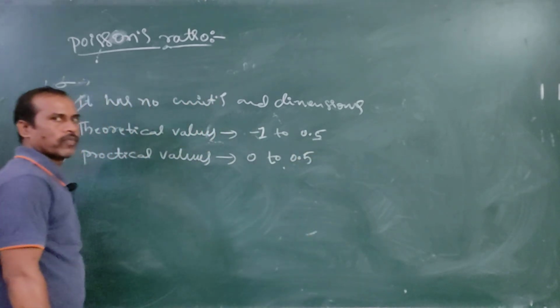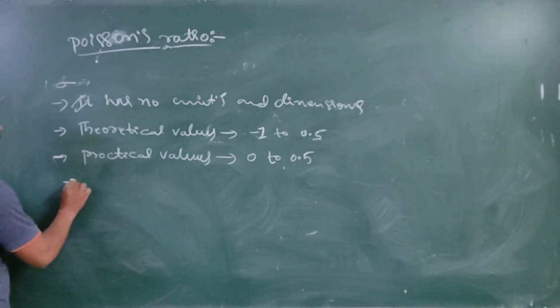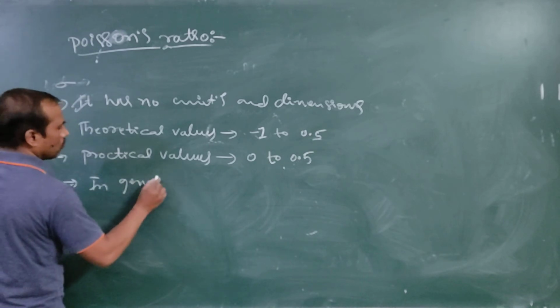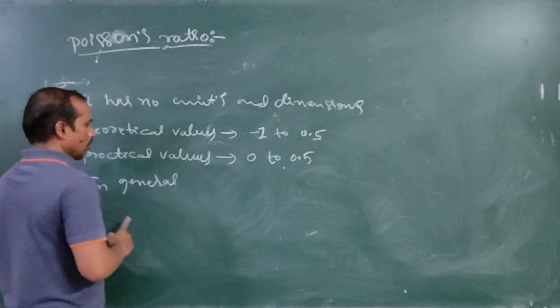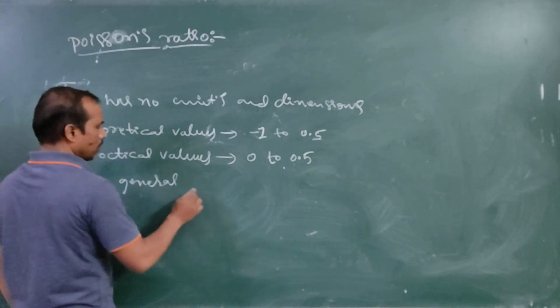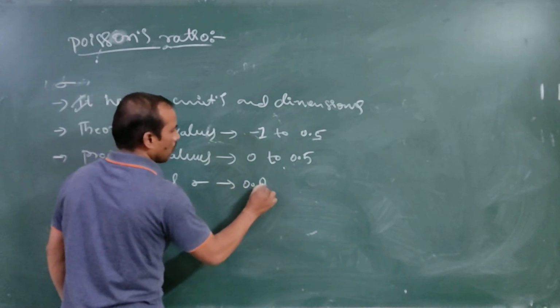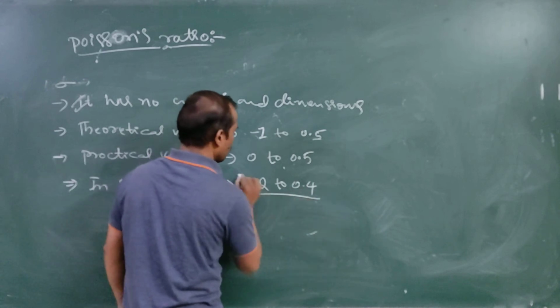Third point, write down here: in general, the Poisson ratio values are 0.2 to 0.4.